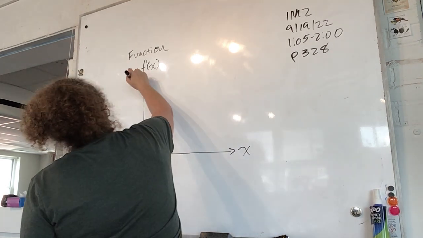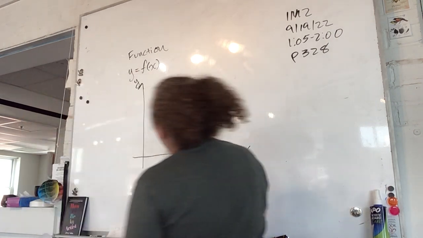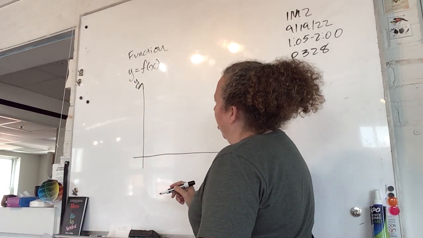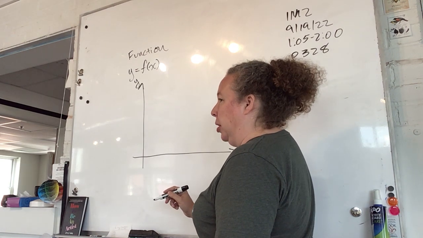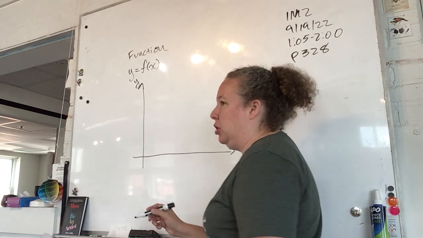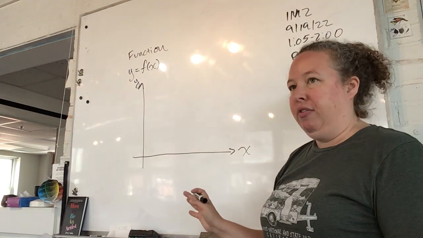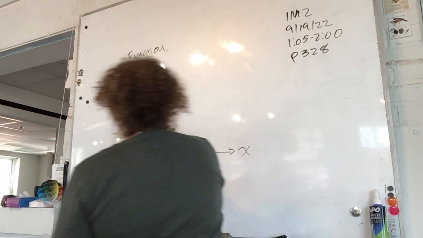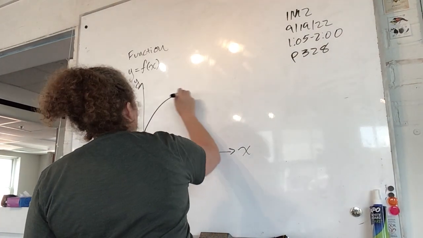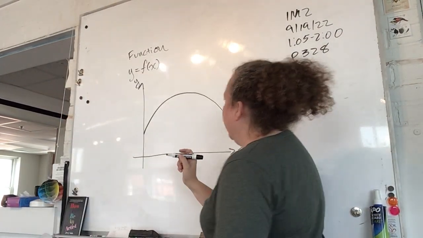So if we're thinking about doing a graph, often we're labeling this x, this y. We've talked a lot about parabolas. Last time we spent some time sketching the graph of different parabolas of the tennis ball, and it looked something like this.